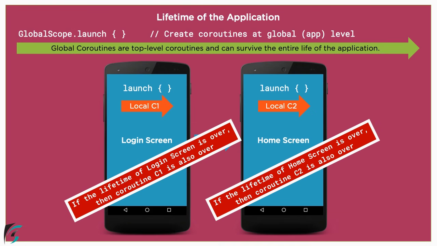So, global coroutines are top-level coroutines, and they can survive the entire lifespan of the application. So even if all the local scopes are destroyed, the global coroutine, no matter from which part of the application it was launched, can still survive the entire lifespan of the application. Fine. So please note this.